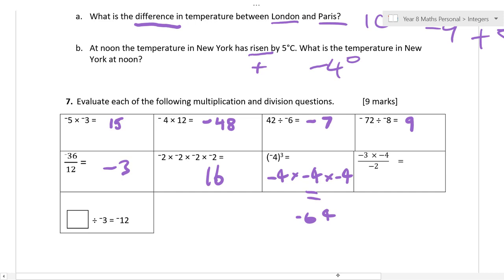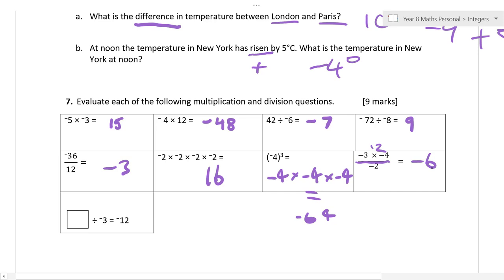All right, and then negative 3 multiplied by negative 4 will give you 12 because the two negatives become a positive, so it becomes 12. And then 12 divided by negative 2 would be a positive and a negative, so it's a negative, and it's negative 6.